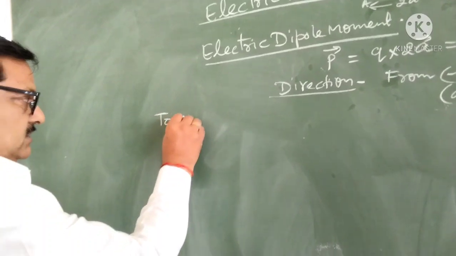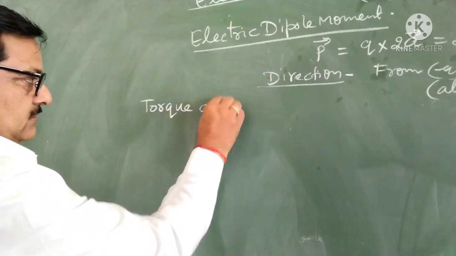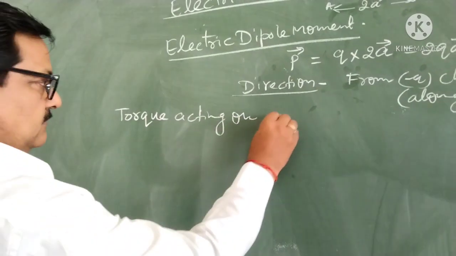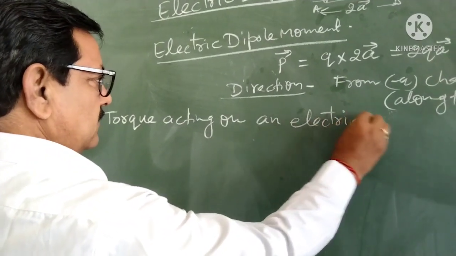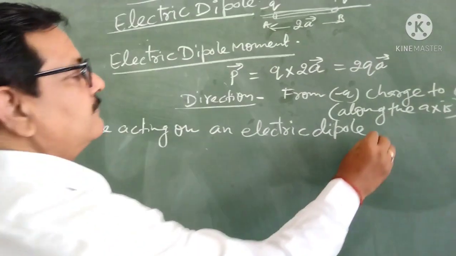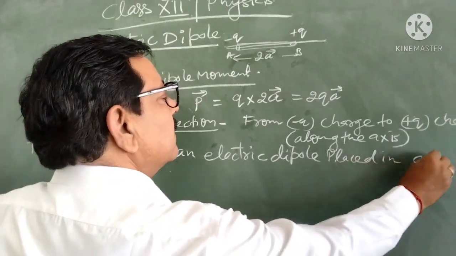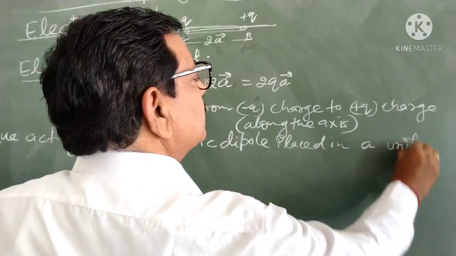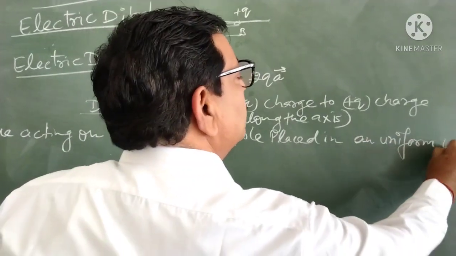Now we have to derive the formula of torque acting on an electric dipole placed in a uniform electric field.